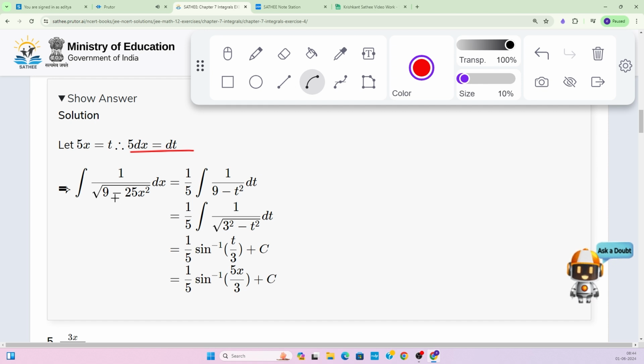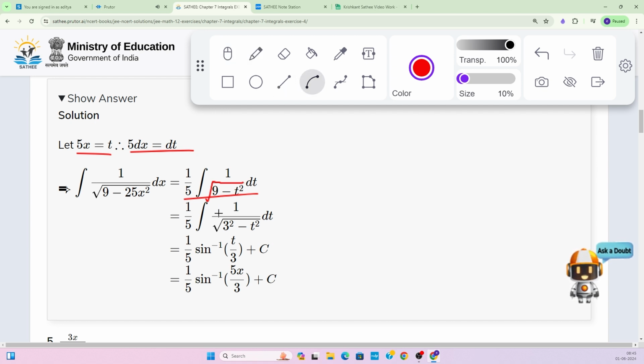Okay, so after using this substitution, you will have this as a simplified integral. Now 9 can be rewritten as, again, 3 square. Also here it must be root.